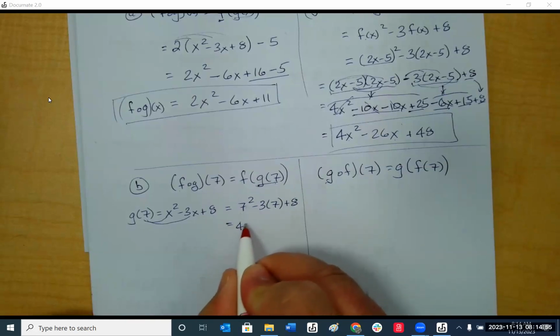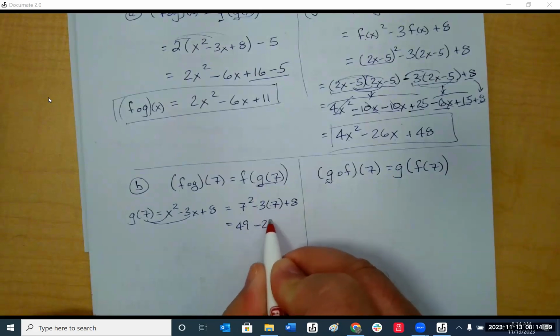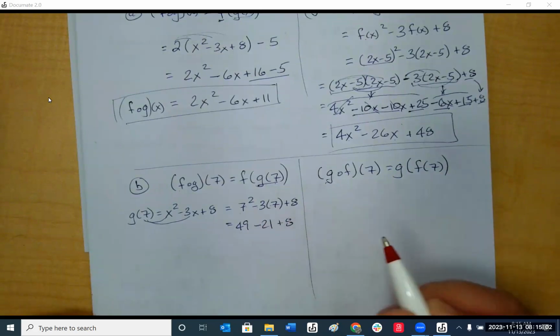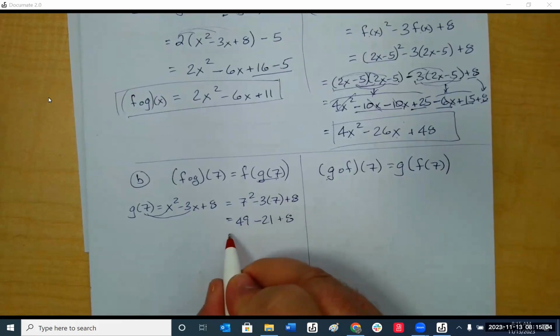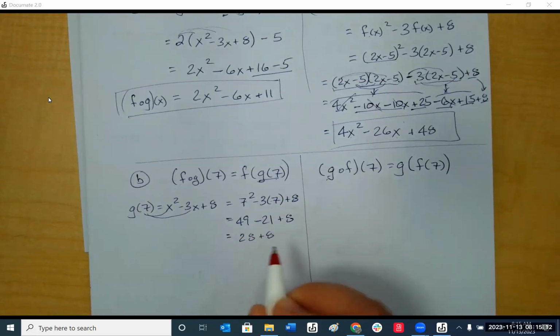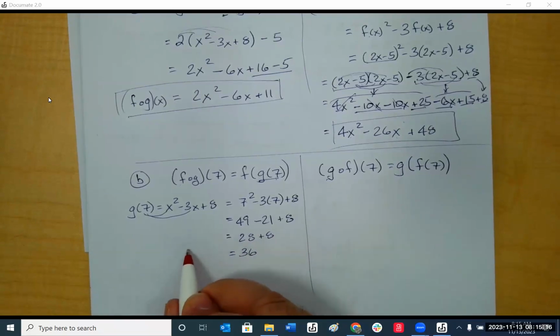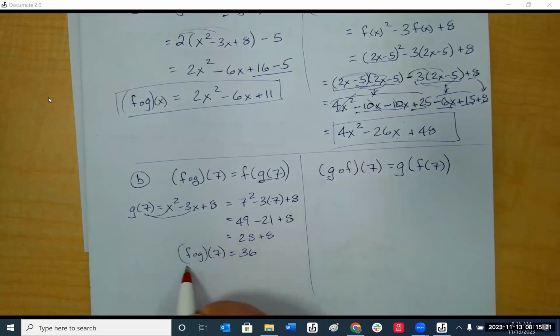Seven squared is 49. Negative and positive is negative. 3 times 7 is 21. Plus 8. 49 minus 21 is 28. 28 plus 8 is 36.